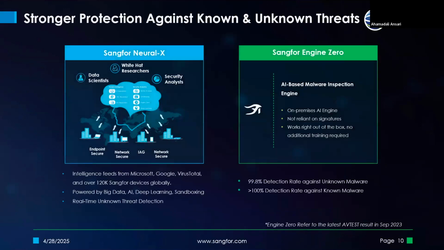Moving ahead, just to give you a little bit more understanding about Engine Zero, which is our AI-based malware inspection, and NeuralX, which is our cloud threat intel. Cloud threat intel takes feeds from some of the big giants like Google, Microsoft, or VirusTotal, where almost 120K devices globally are feeding the information.